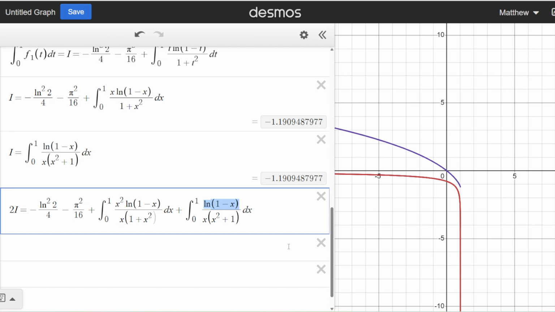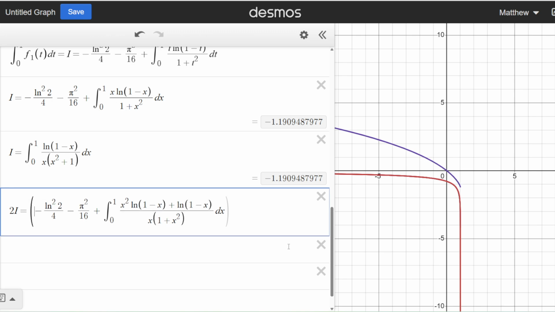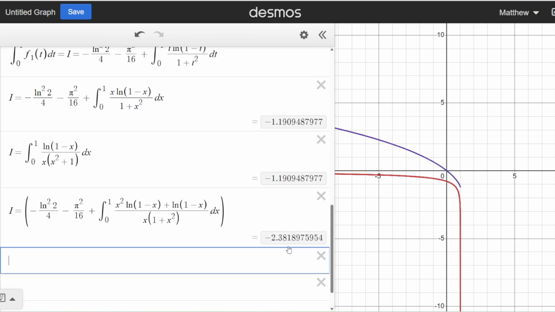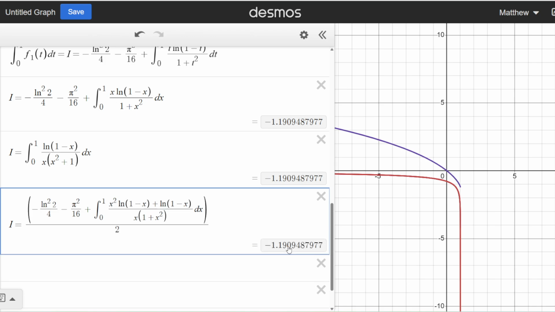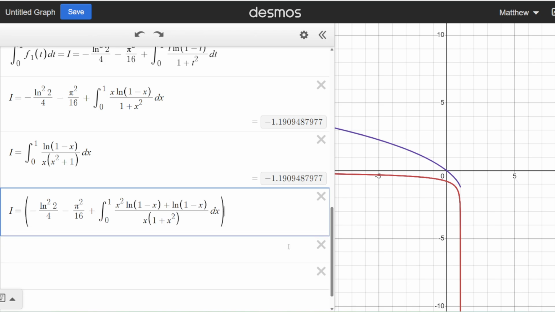So let's copy this over here, plus this, and now we can get rid of this. I'm going to do a quick check to make sure we're on the right track. I'm going to put parentheses around here and divide both sides by 2. Yeah, we're on the right track. So let's put it back.